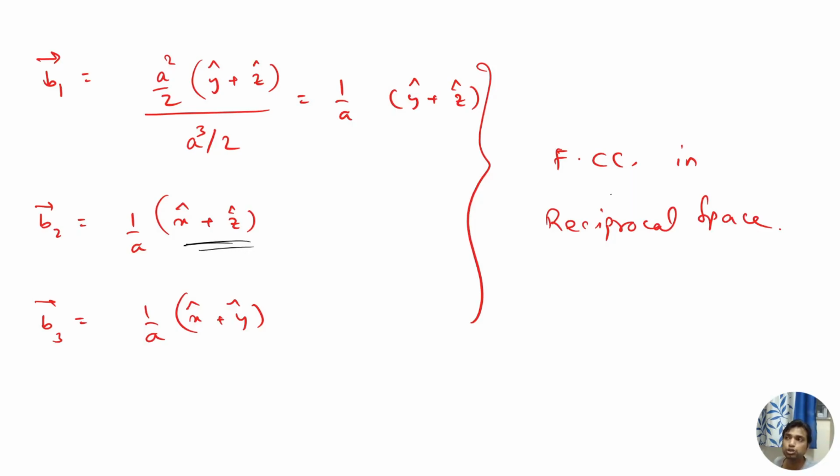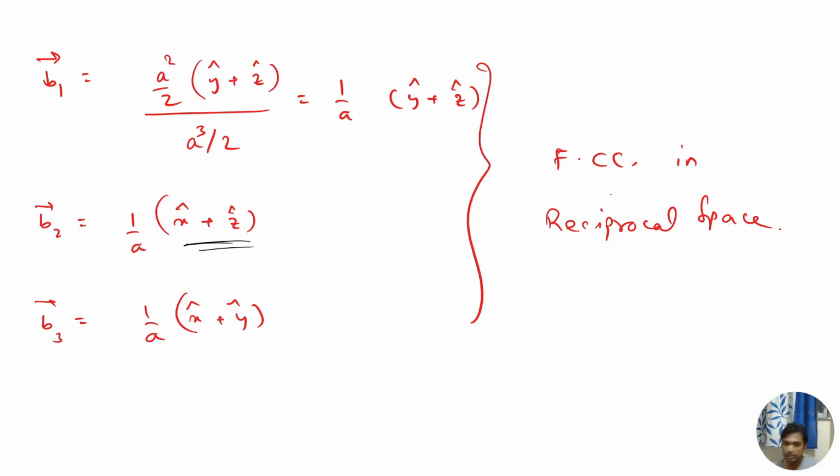So this is the crystal structure of an FCC lattice. What we saw is that the reciprocal lattice of the FCC structure is BCC, and the other way around, the reciprocal of BCC is FCC. So that's what we learned. And for simple cubic, it is again simple cubic.